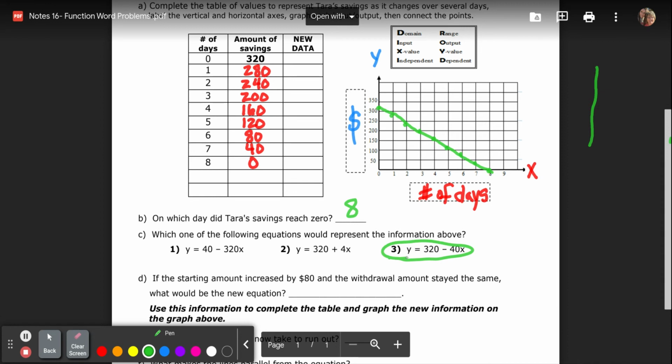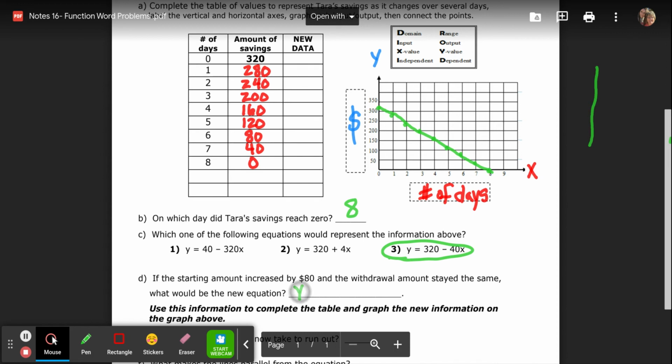On letter D, if the starting amount increased by $80, so if it was at $320 and it increased by $80, that would put it at $400. But the withdrawal amount stays the same. What would be the new equation? So it'd be Y. So let's do this in a different color. Sorry about that.